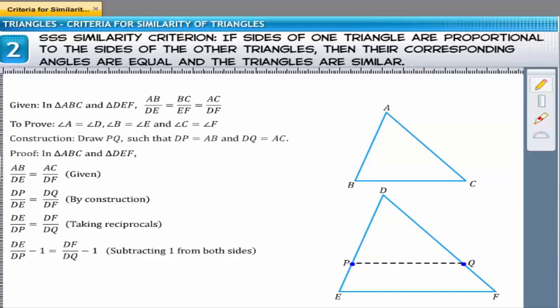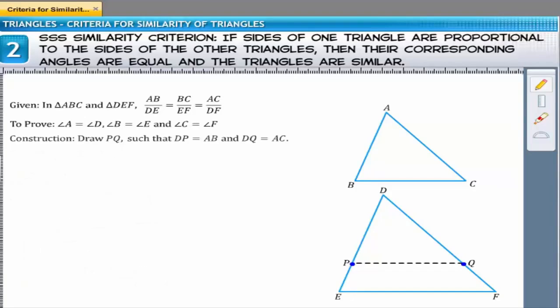On subtracting 1 from both sides of the equation and simplifying, we get PE upon DP is equal to QF upon DQ. Now taking the reciprocals again, we get DP upon PE is equal to DQ upon QF. By applying the converse of the basic proportionality theorem, PQ is parallel to EF.